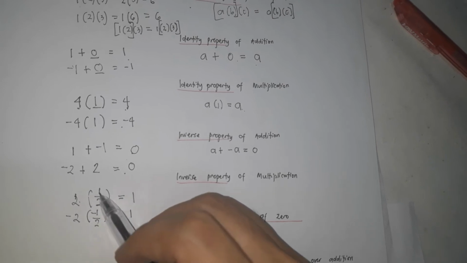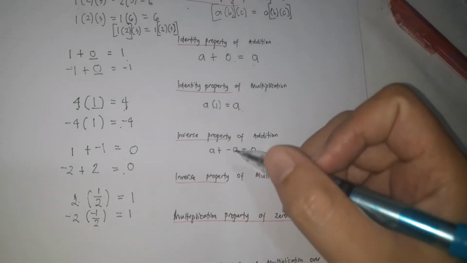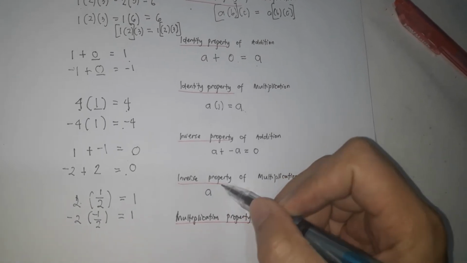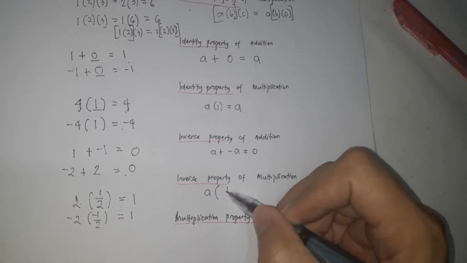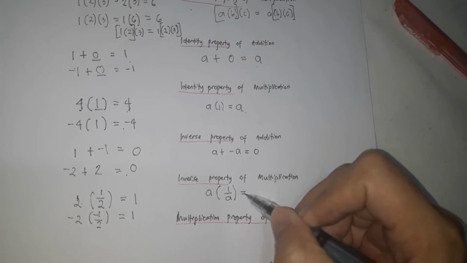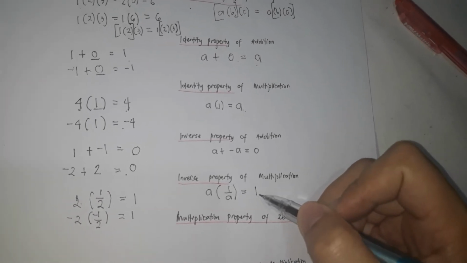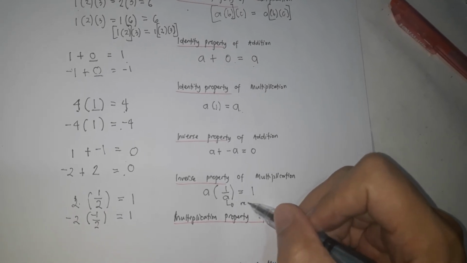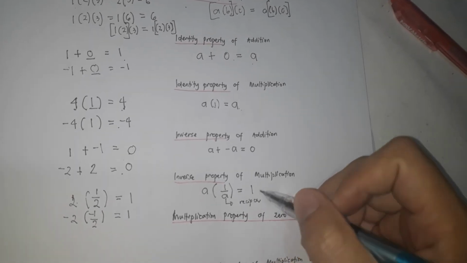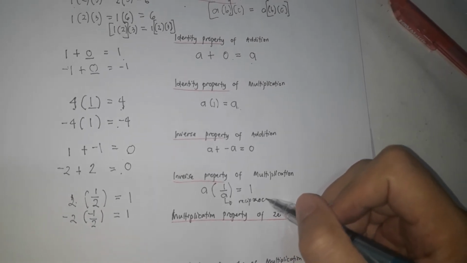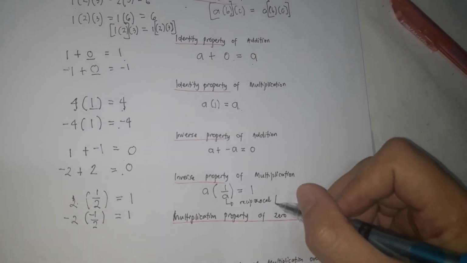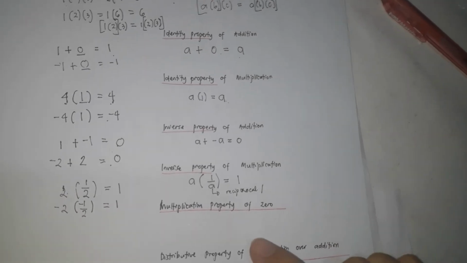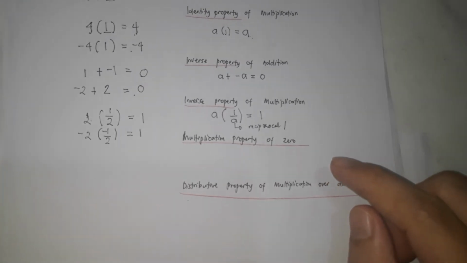So 2 times 1 divided by 2 is equal to 1. So inverse property of multiplication is you're going to multiply the reciprocal of the number so that you're going to have 1 as the result. This is what we call the reciprocal or the multiplicative inverse.